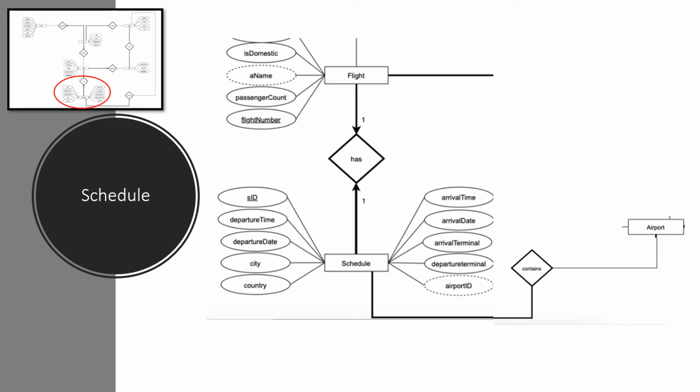To show the relationship in a simpler way, the ER diagram was stunted to display the many-to-many relationship between the schedule and airport entities. A schedule must connect to one or more airports to fully represent the arrival and departure information that coincides with any flight.